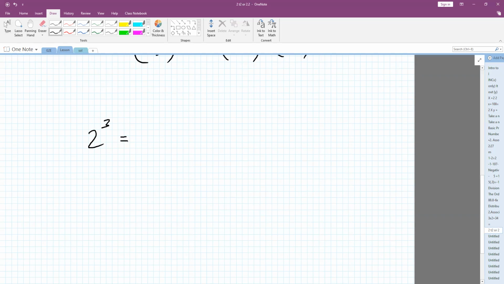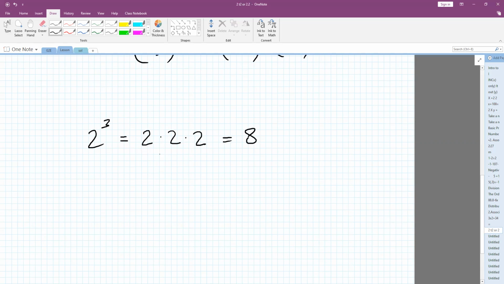No. Look, the meaning of 2 to the power of 3 is like this: you have 2, and then you multiply another 2, and then you multiply another 2. So the little number determines how many times you multiply the same number. What is 2 times 2 times 2? 8.